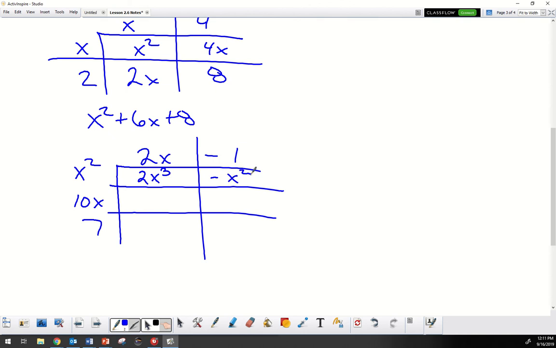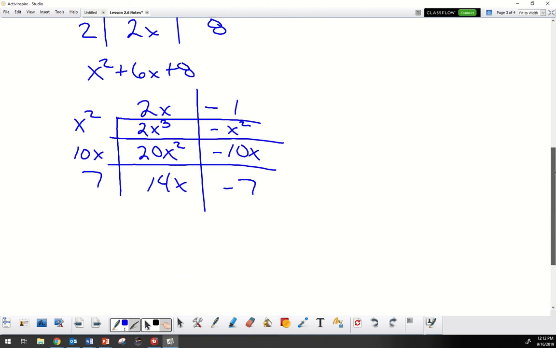Okay. 10x times 2x is 20x squared, very good. 10x and negative 1 is negative 10x. 7 times 2x. 7 times negative 1. What's wrong? Combine like terms. 4.